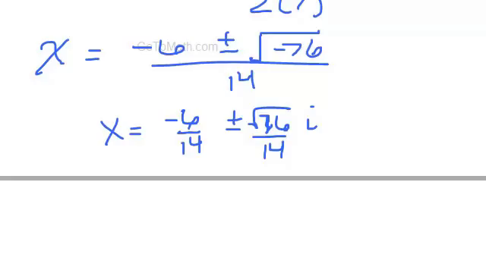What's 4 times 19? Yep. So actually that will break down to 2. Let's see, 4 times 19 is 76. Okay. Over 14, that's going to reduce down actually.